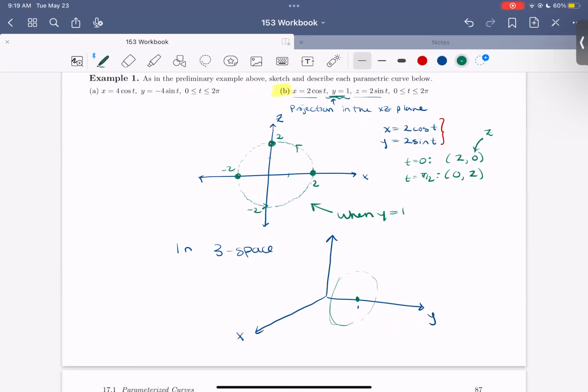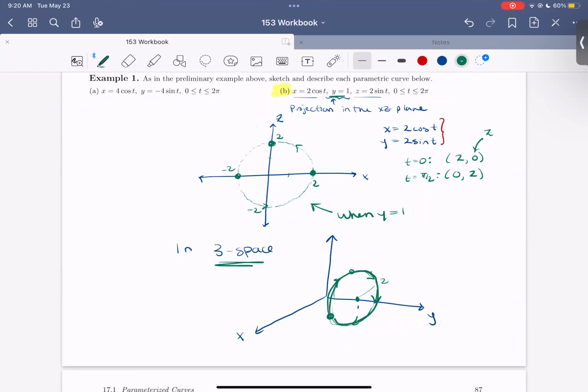See if I can do a circle here. There we go. With radius 2. And we can even see the orientation of this curve: it starts in the positive x and then moves towards the positive z. So we'd start here in the positive x, then we'd move up to the positive z direction, and then we traverse our circle like this. So here is what our curve actually looks like in 3 space.